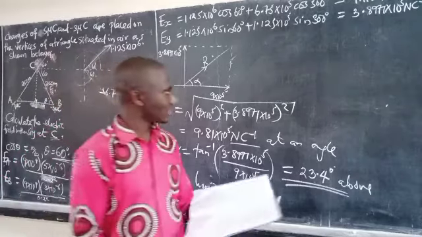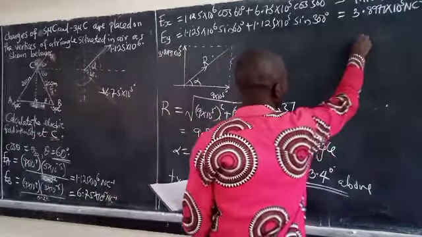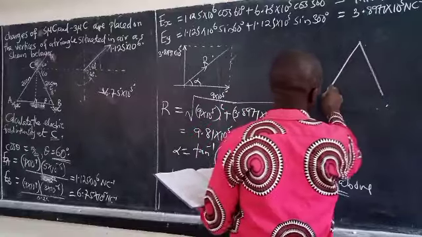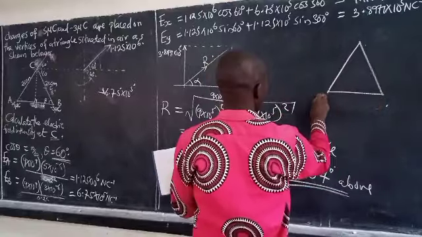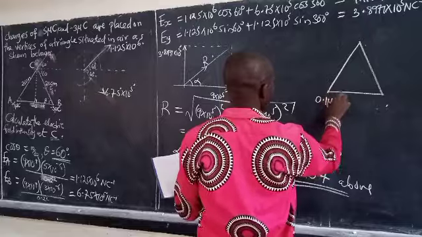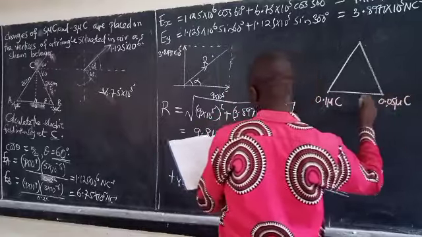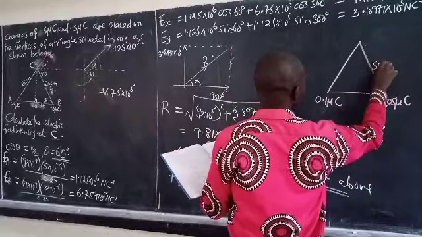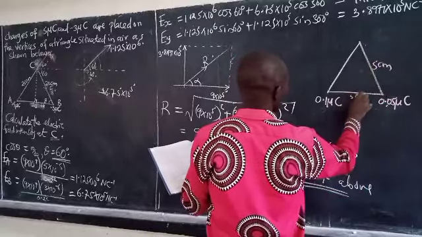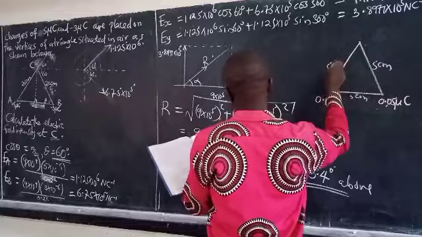Yes, I want you to do this. Very simple. This is 0.1. This is 0.05. This is 5 centimeters, 5 centimeters, 5 centimeters.